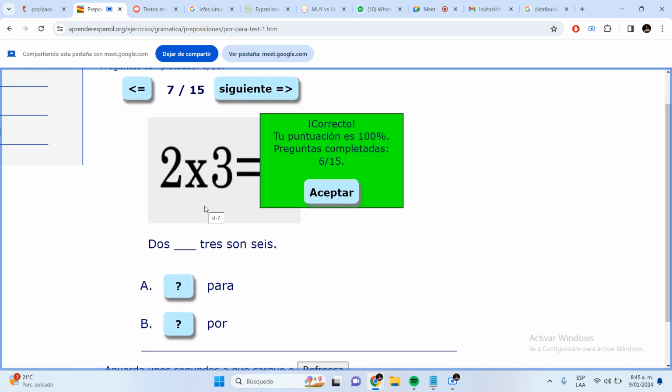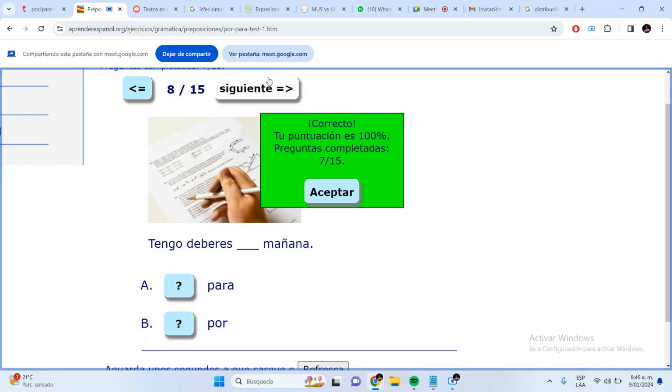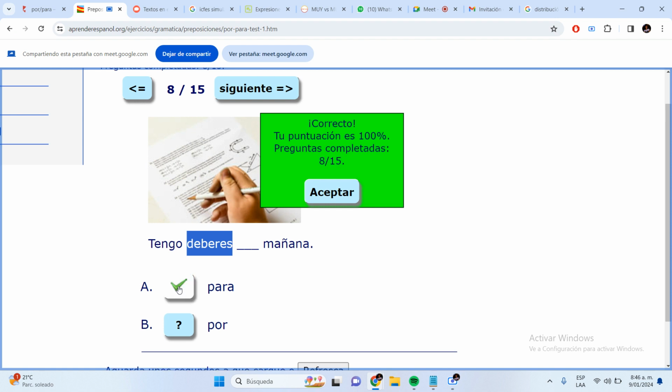Now por: 2 por 3 son 6. Tengo deberes mañana. Things that I have to do tomorrow? Yes, it can be either homework or just things you have to do. Para mañana.